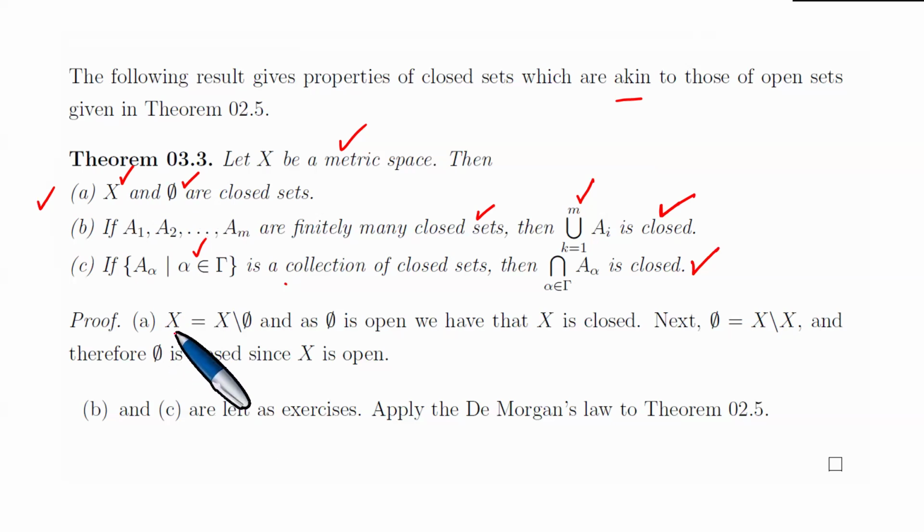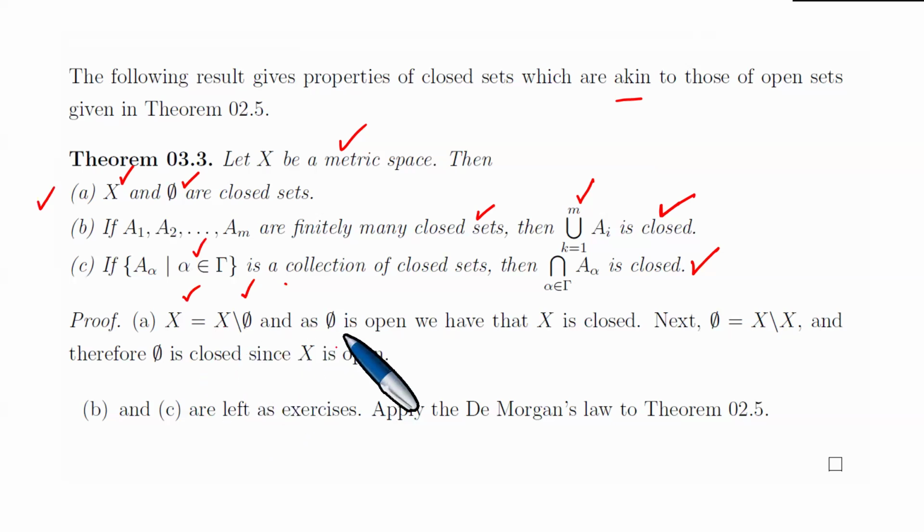To prove this, we realize that in particular the set X is the complement of an open set. In other words, if you take X minus the open set, what you get is X. So X itself becomes the complement of the open set.